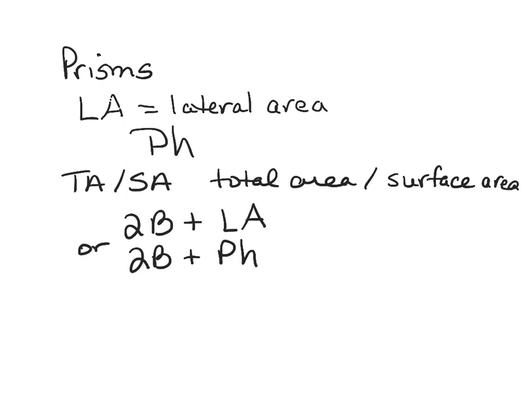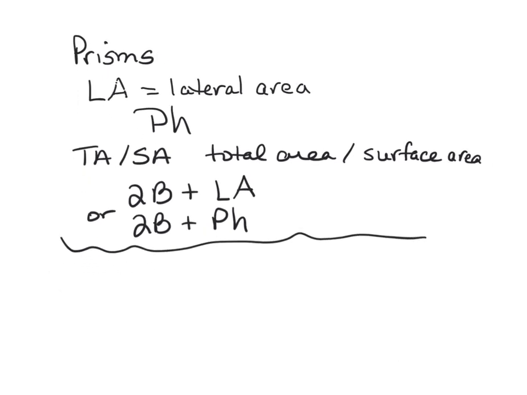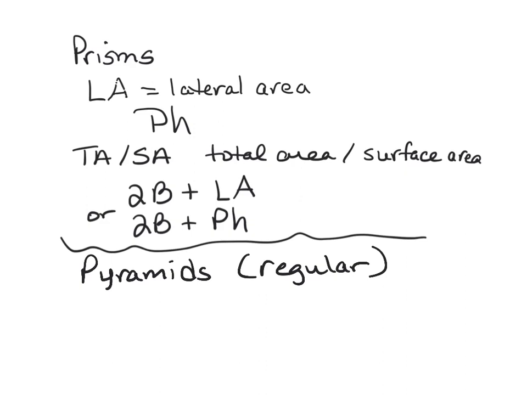Now we're going to write down the 2 formulas for pyramids. And these are only regular pyramids. So again, the lateral area, LA, is going to be 1/2 perimeter times slant height.